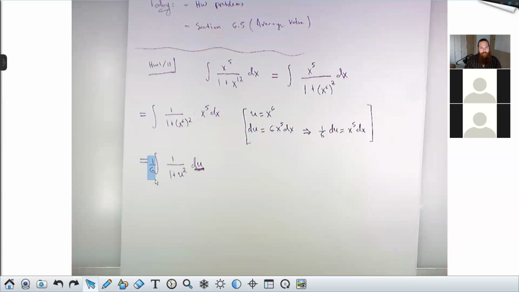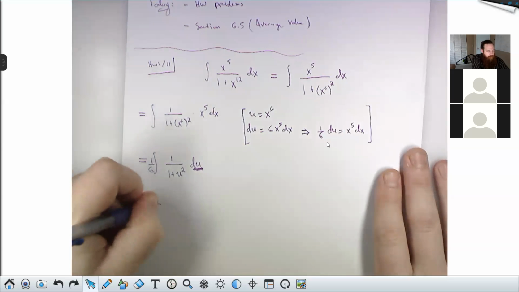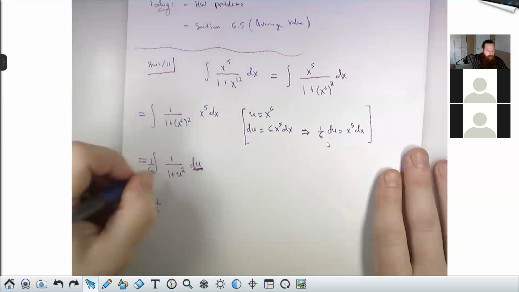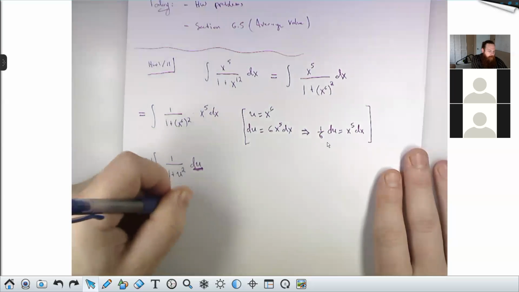So this 1/6 is the 1/6 from my differential. And what's left over is the integral of 1 over 1 plus u squared. And that's arctan. What's the inverse tangent?